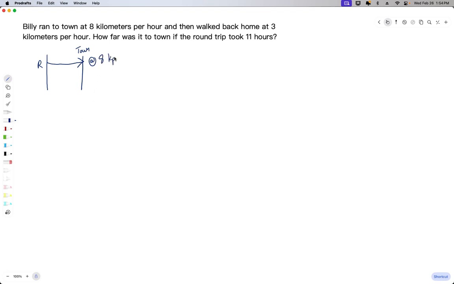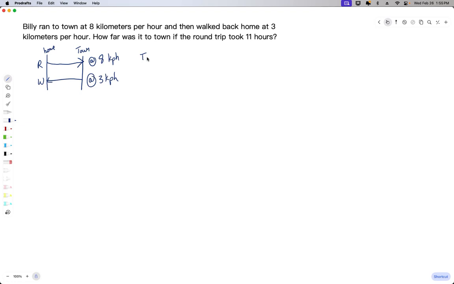So 8 kph. And then he walked back home. This is home. And he did that at 3 kilometers per hour. How far was it to town if the round trip took 11 hours?